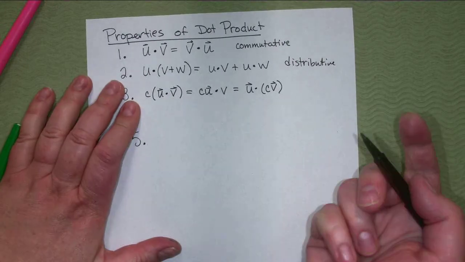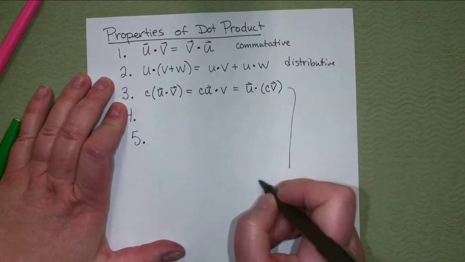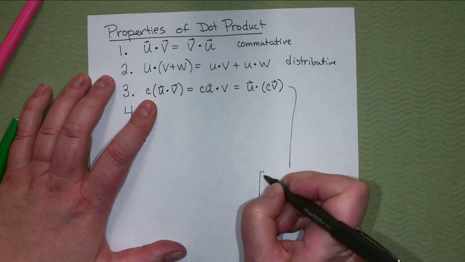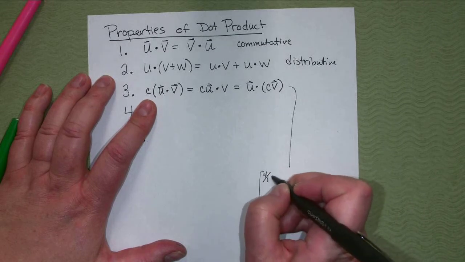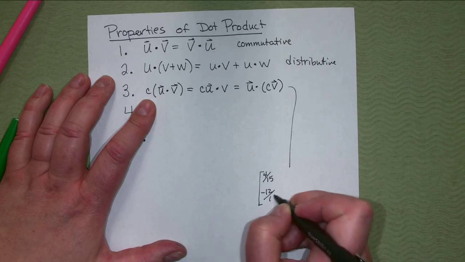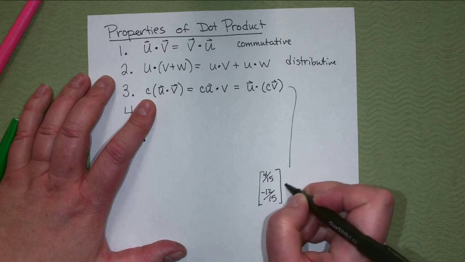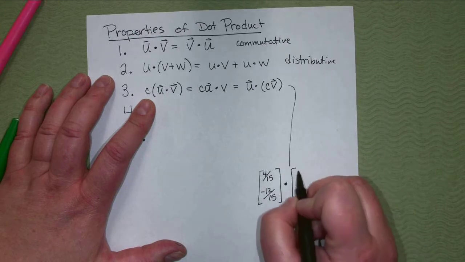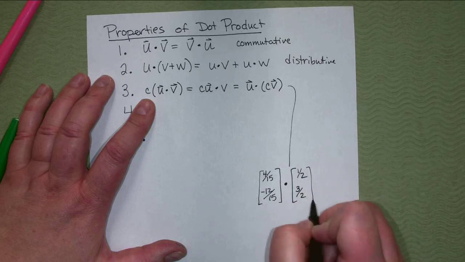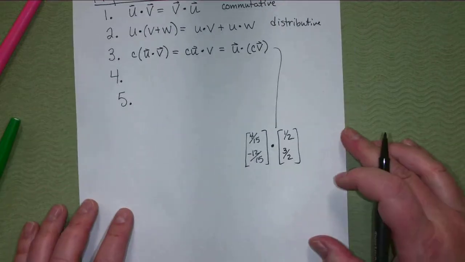So what I mean is, for example, if you wanted to do the dot product of two vectors, I'll just make a simplified example. Okay, I simplified and made it hard all at the same time.